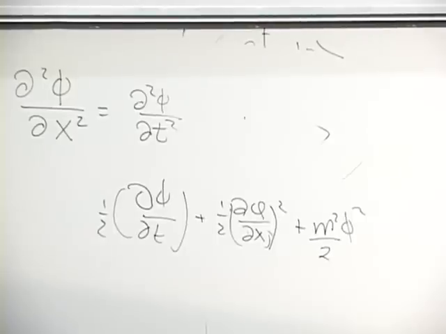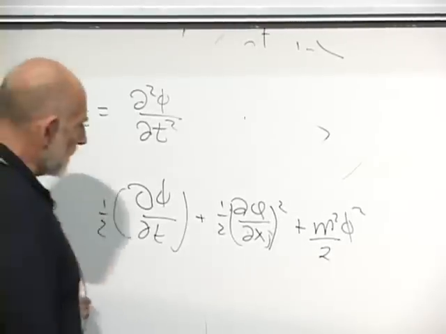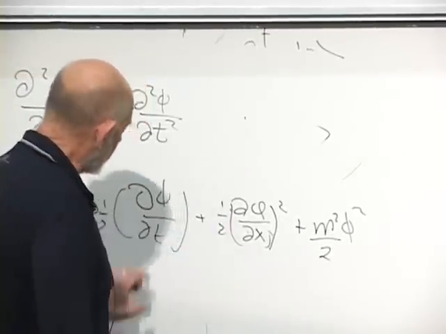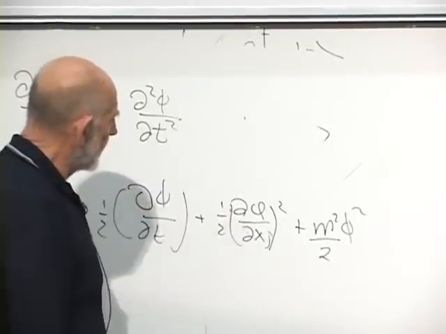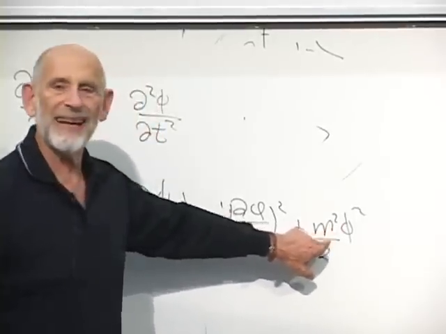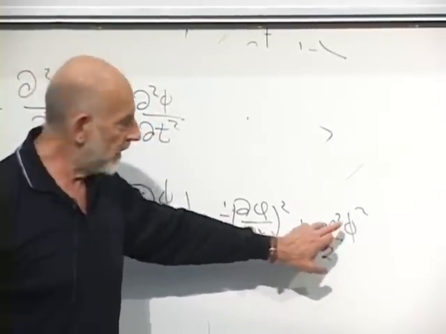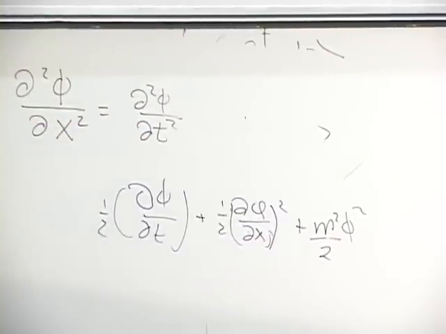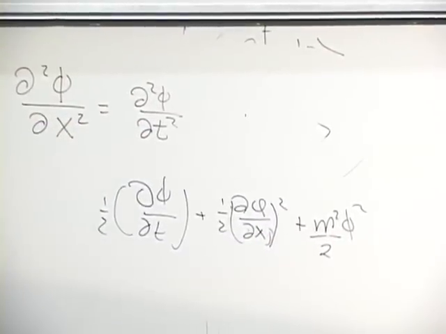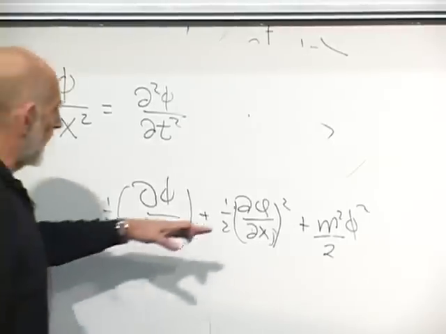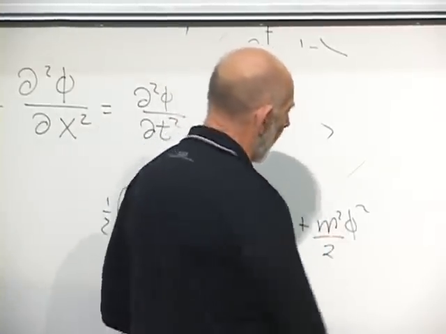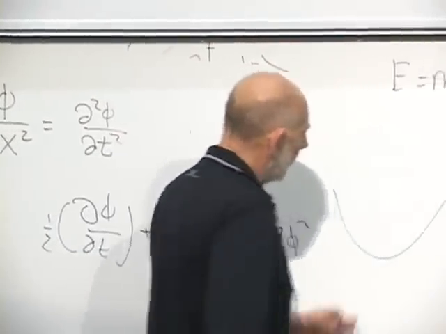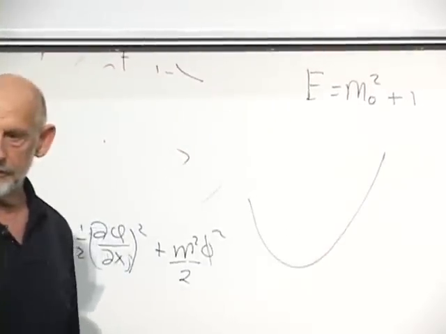This was the rule. Now notice, this is a kind of potential energy for the field. Notice that it's positive if the mass is positive. That means that if you increase phi, the energy increases.